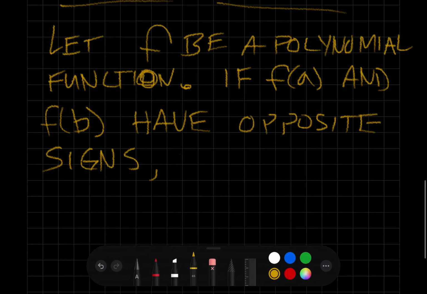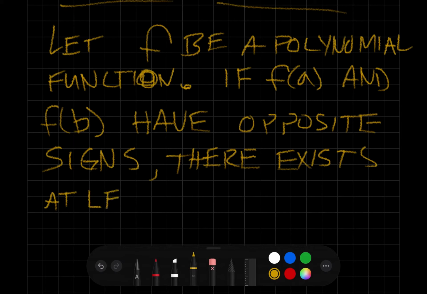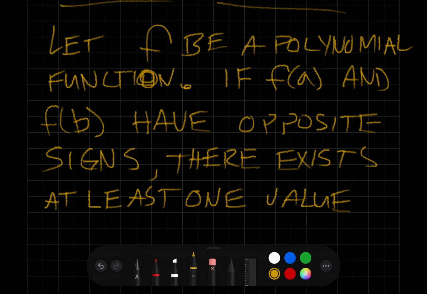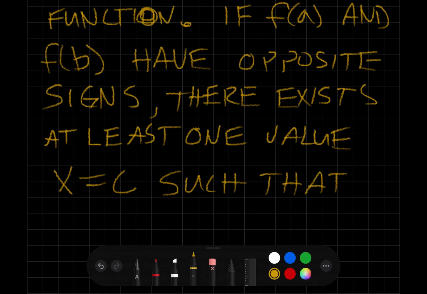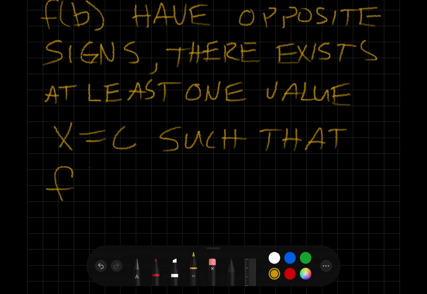We have that case. There exists at least one value, call it x equals c, some other point on the axis, such that f of c is equal to 0.